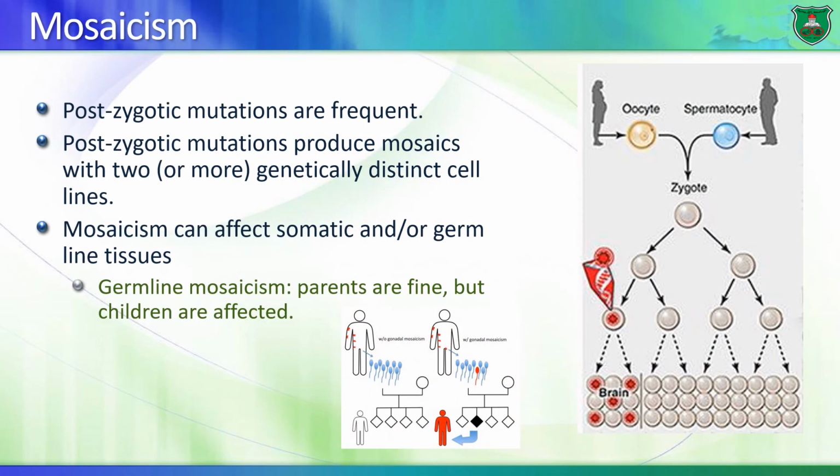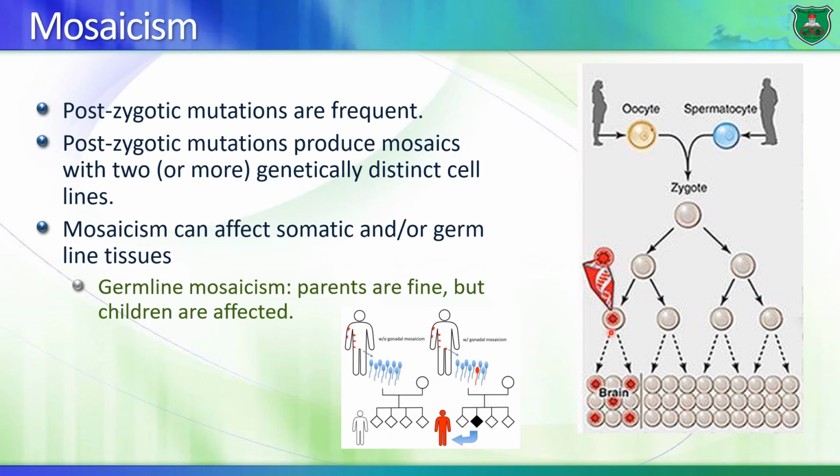Let's talk about mosaicism. We talked about it before, and we said that basically it's a person having the same genotype in all cells, but some cells have a mutation that does not exist in other organs or other tissues. And this happens during development. So let's say here you have a zygote. You have multiple divisions of the cell, and all of a sudden you have a mutation in this cell right here.